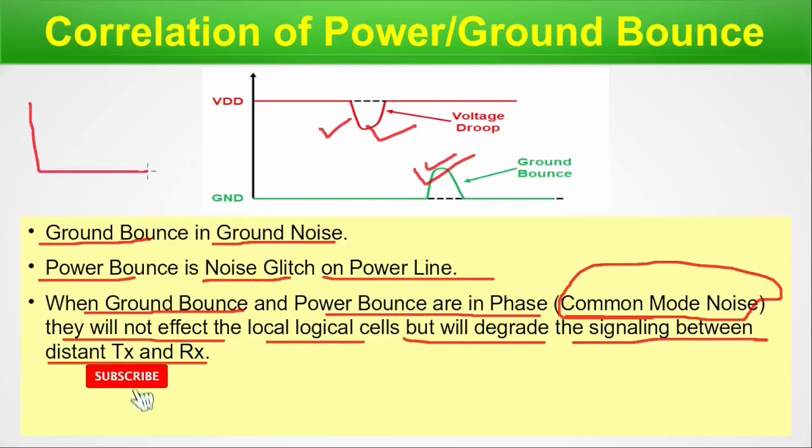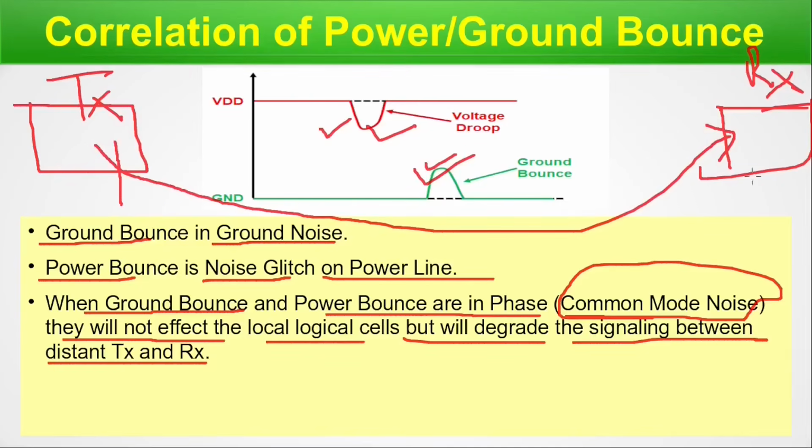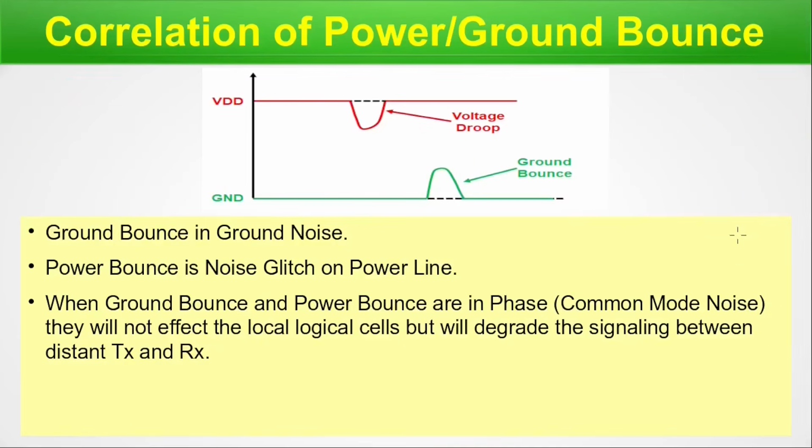Rather, if we have a TX block here and an RX block at another point of the circuit, the VLSI wirings inside a chip run in great lengths. So when a signal is going on, if we observe the signal here and here, these two may show a difference because of the ground bounce and power bounce noise. That in turn impacts the signal exchange between the TX and RX.